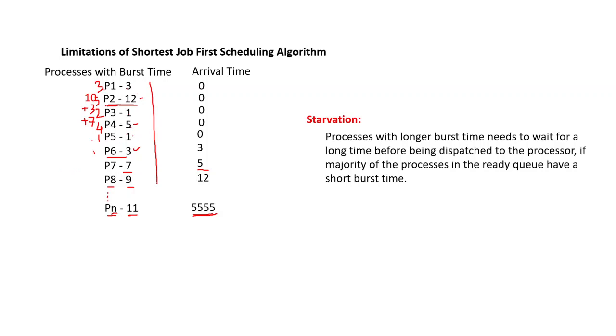So this condition is known as starvation, where processes with longer burst time need to wait for a long time before being dispatched to the processor if the majority of the processes in the ready queue have a short burst time. So this is a limitation.